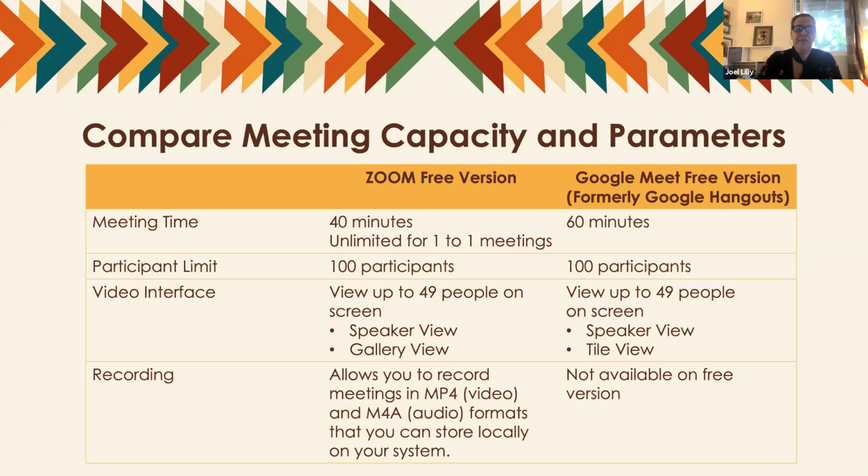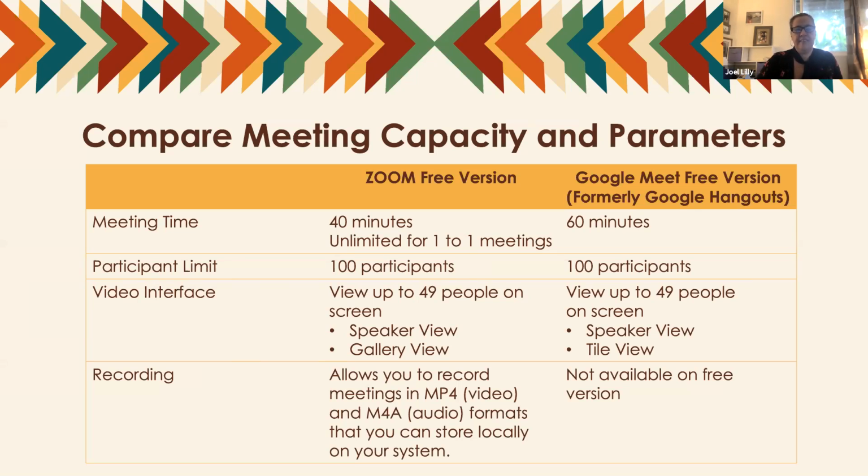Okay, so you can see right here, as it relates to meeting time, they're a little different. If you are having a Zoom one-on-one meeting, there's no time limit. However, if you add another person into that meeting, so if there's three of you, Zoom already automatically picks that up and you are limited to 40 minutes.